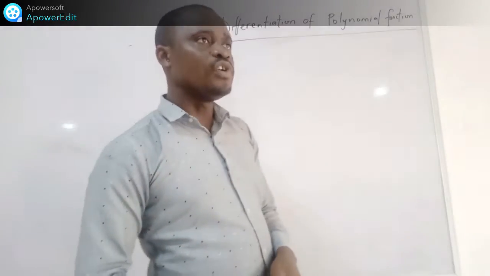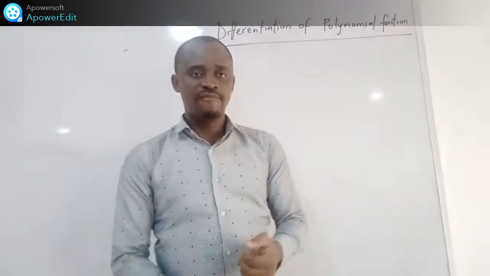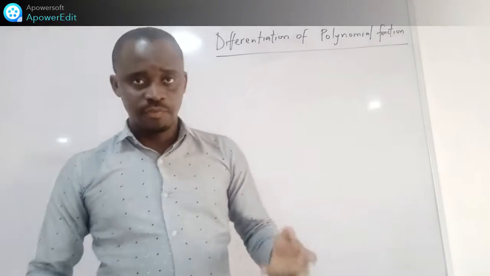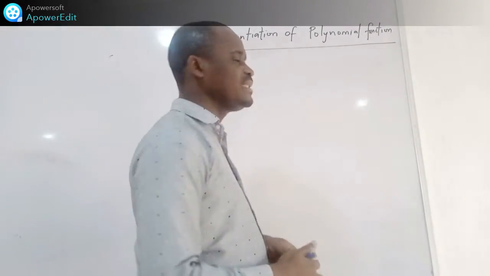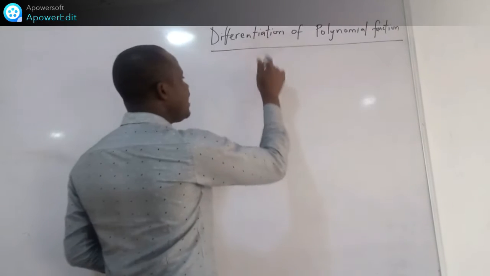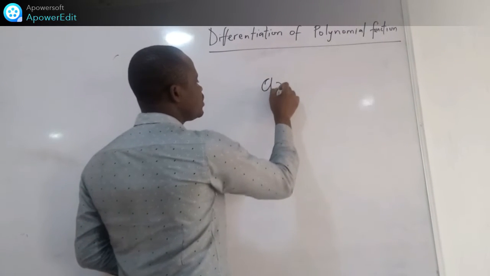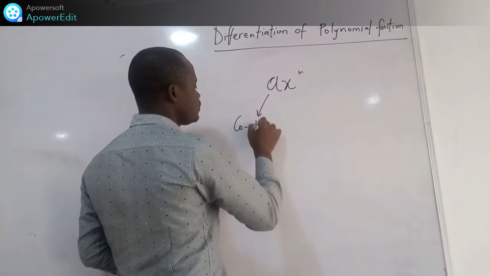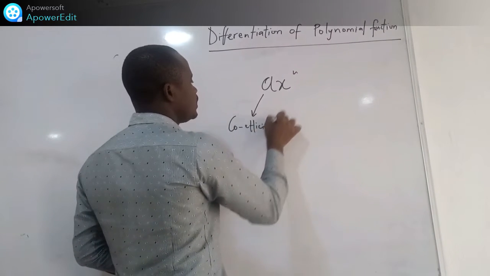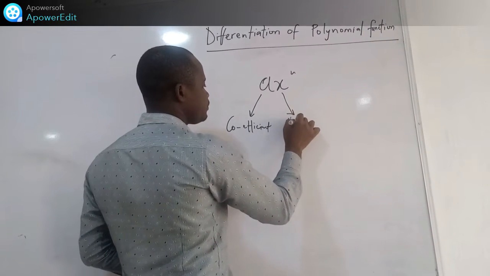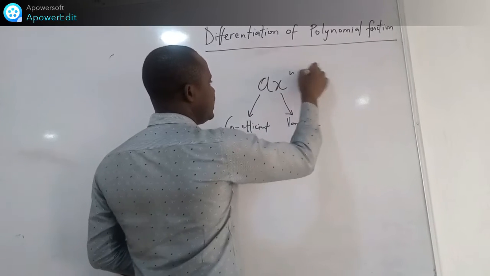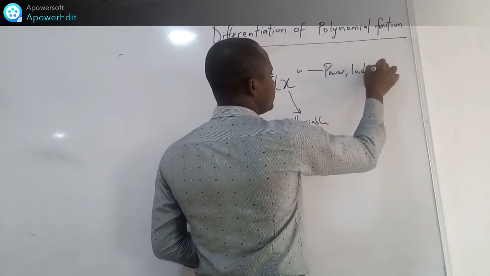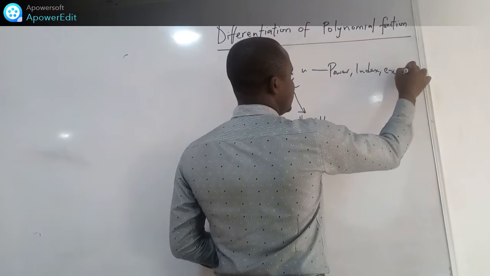A polynomial is a function that constitutes a coefficient, variable, and power, which can be added, subtracted, multiplied. You can also divide. Now look at this. When you have ax raised to power n, this is the coefficient, this is the variable, and this is the power or index or exponent.